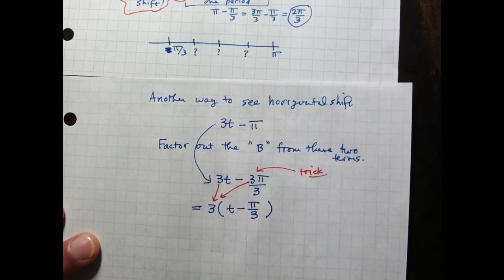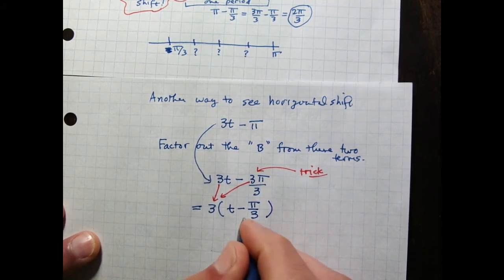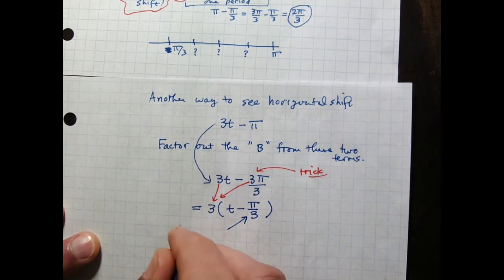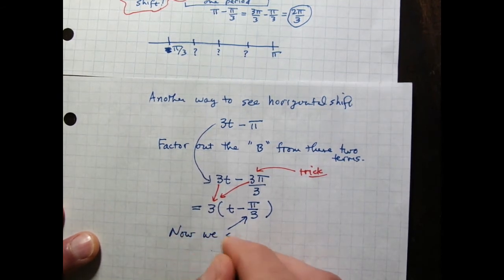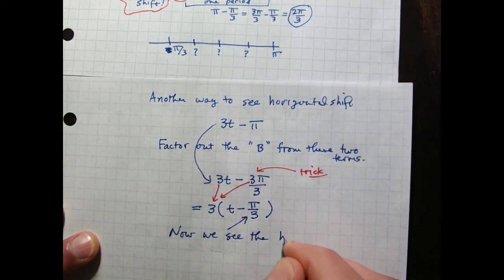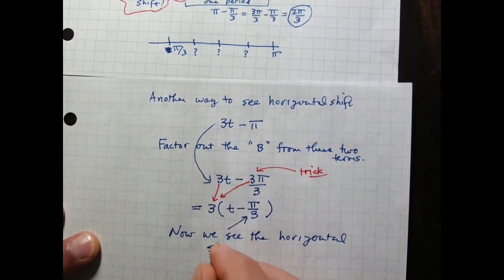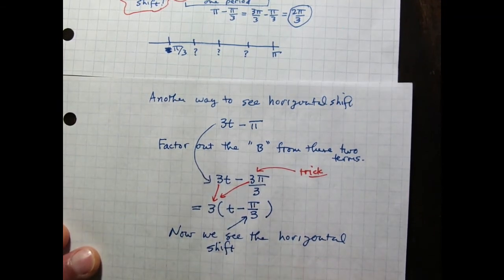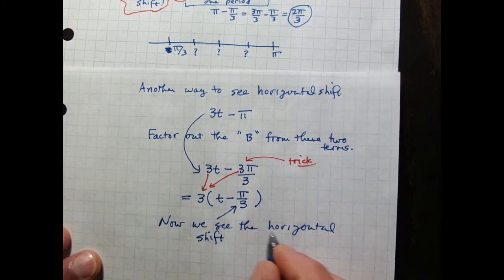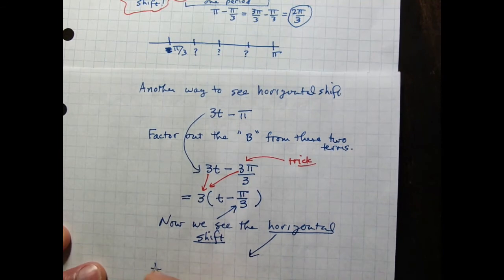If we factor out b, now we see the horizontal shift. This is normally called, in trig, we call this something else.